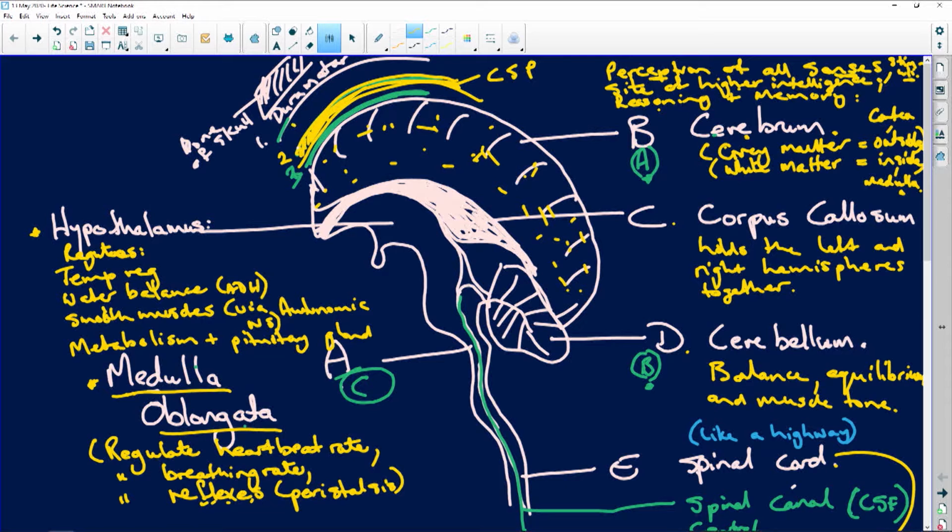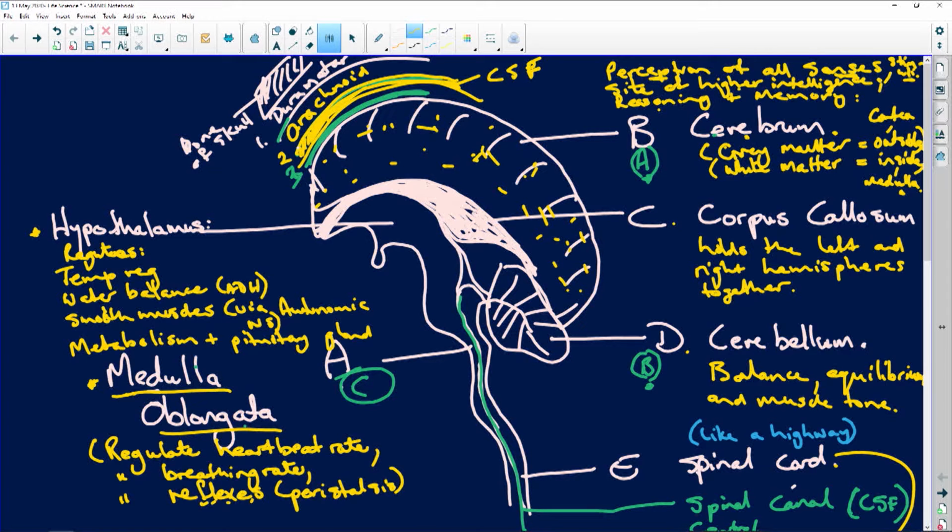You're scared of spiders. It is called the arachnoid. That's your second layer. And between your second layer and your third layer is your cerebrospinal fluid.